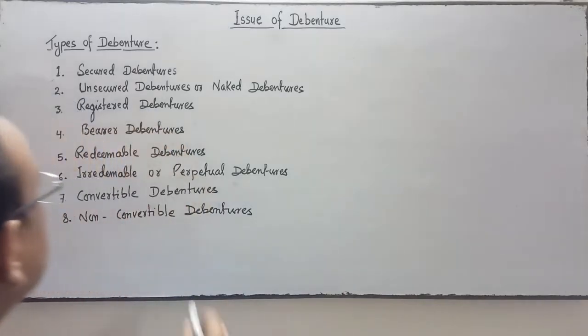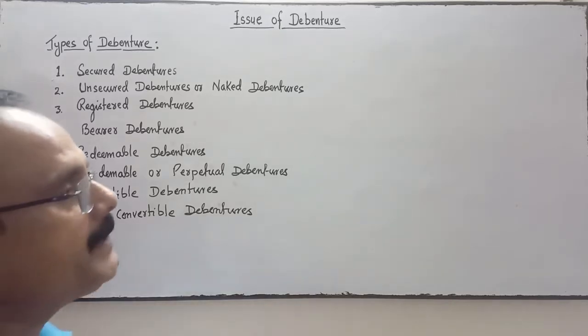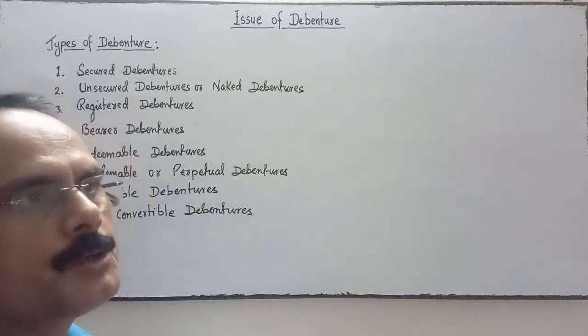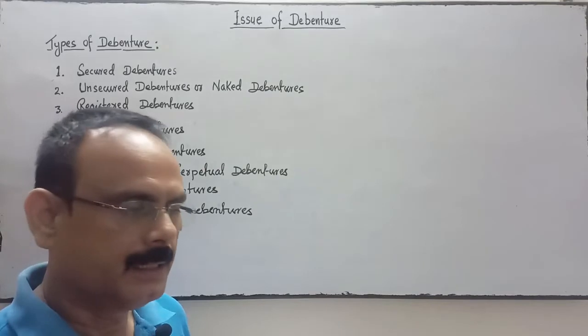So secured debentures means when the company issues the debenture either on a particular asset of the company, called a fixed charge, or on all assets of the company in general, called a floating charge. And suppose the company fails to pay the amount to the debenture holder on maturity, then what will happen?